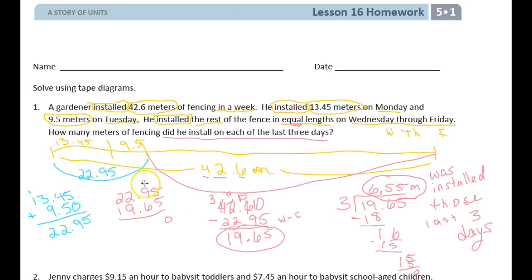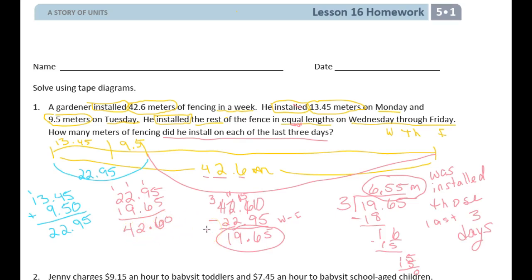And I know 9 and 1 is 10. Plus 6 gets me 16. 9 and 1 is 10. Plus 2 gets me 12. Here's our decimal. And 1 and 1 is 2. And 2 more gets you 4. So it matches. So we found the right answer.